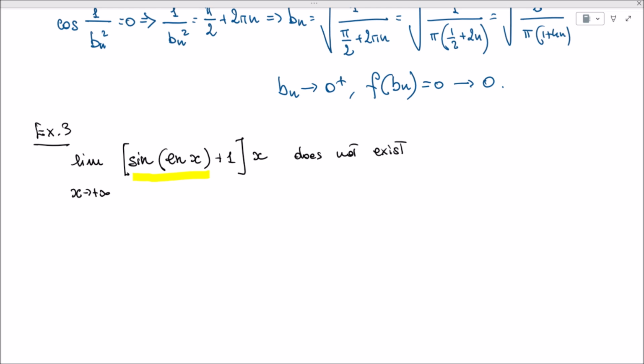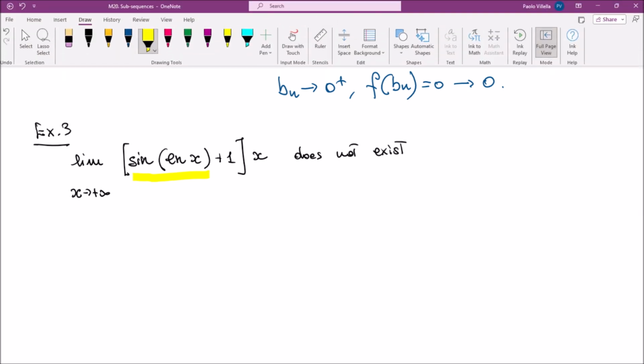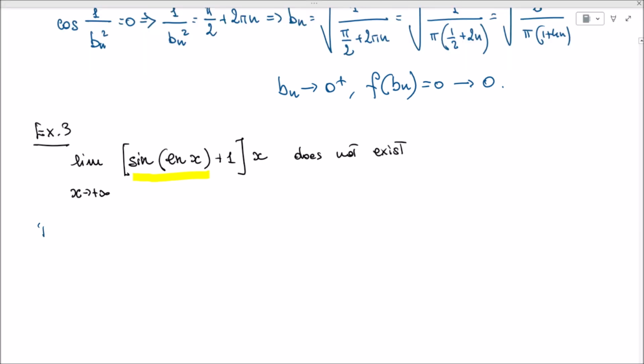But if we make sine equal to minus 1, well, we have an undetermined form, 0 times infinity, so we may have a function that will have a different behavior. Okay, so let's see what we can do. Let's see if we can find two sequences with different behavior.